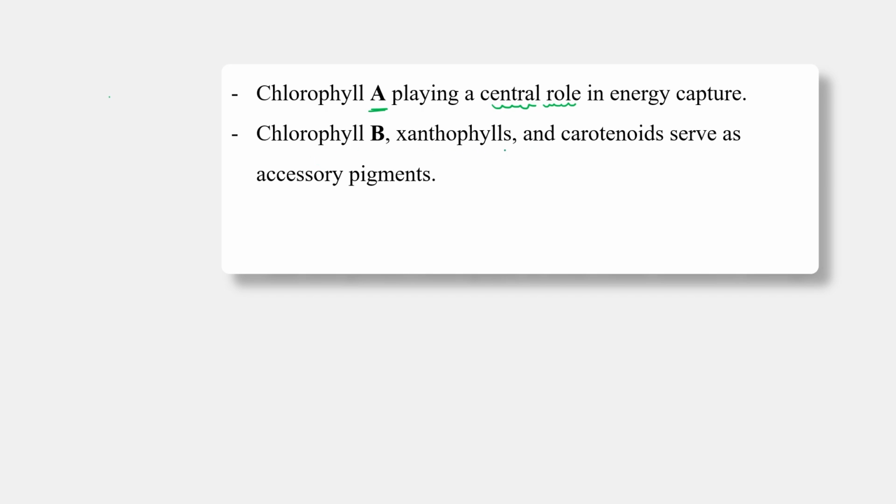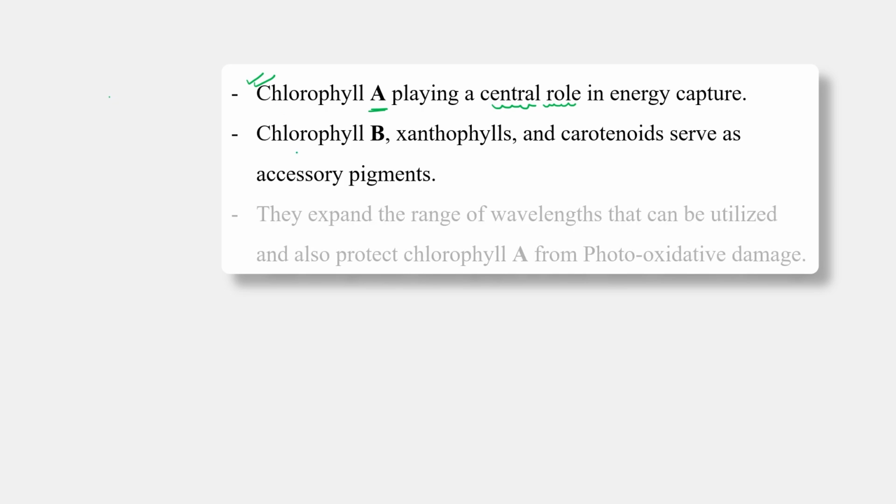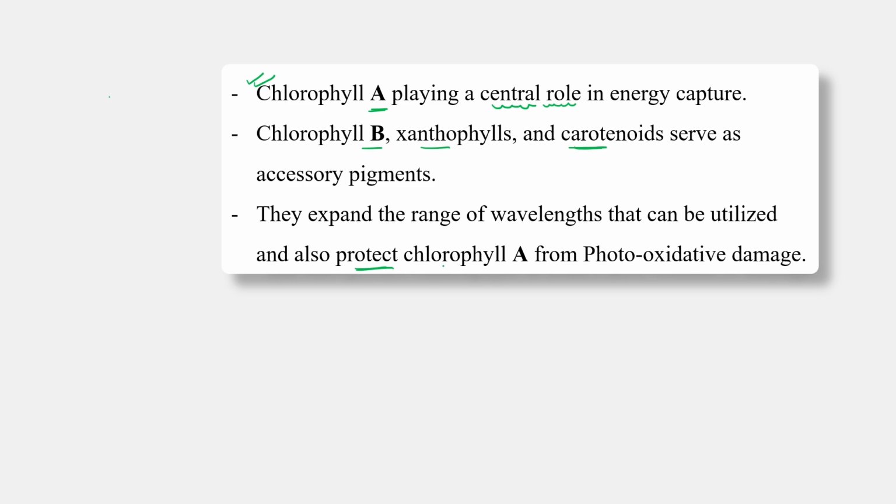These three pigments serve as accessory pigments. The main pigment is chlorophyll A. These three pigments expand the range of wavelengths that can be utilized and also protect chlorophyll A from photooxidative damage. So what is the function of chlorophyll B, xanthophyll and carotenoid? They protect chlorophyll A from photooxidative damage. But the main pigment which absorbs maximum light is chlorophyll A.